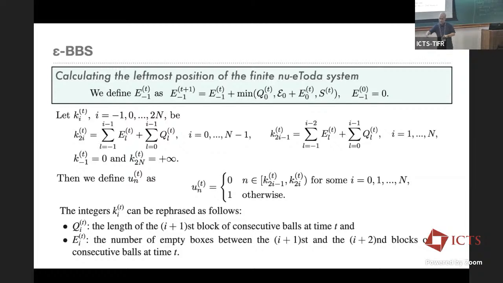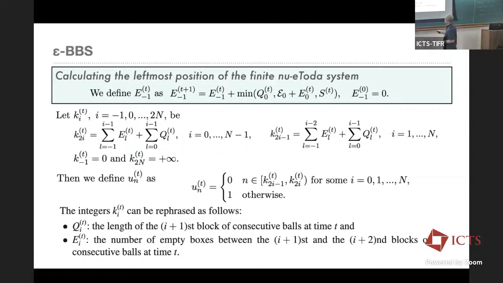Especially the left-hand side is important to define the starting point of this finite system. This value can be calculated by introducing some additional equation. Here we introduce E-1. This equation doesn't appear in the original Toda system, but I put it in order to calculate the starting point of the Toda chain. It's not so difficult.